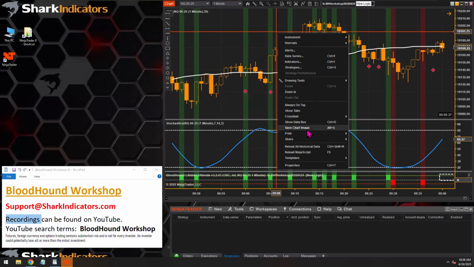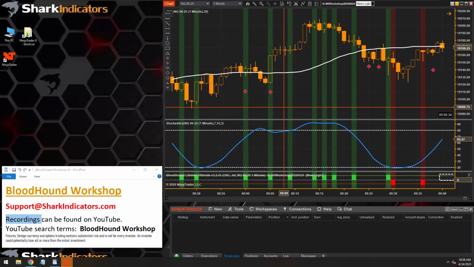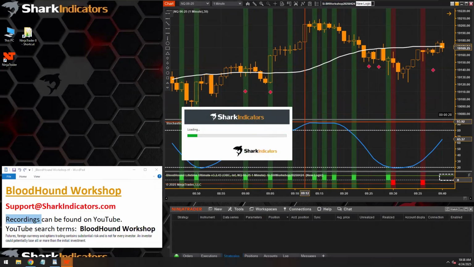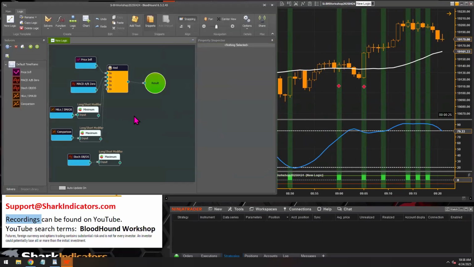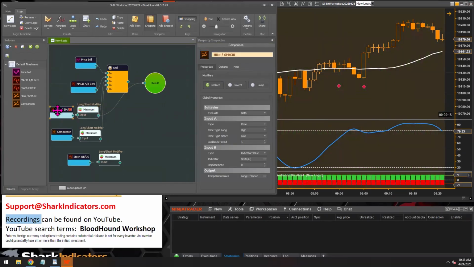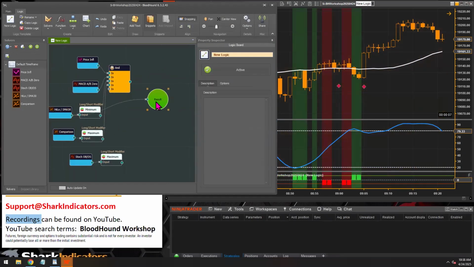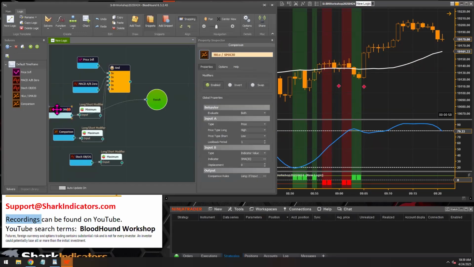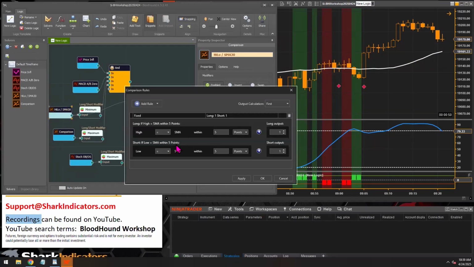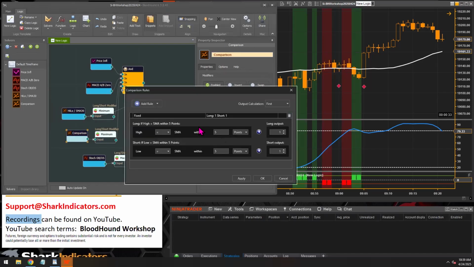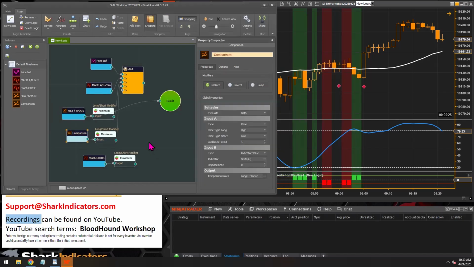All right, let me do another reload here. Well, let me just double check something here. Okay, it looks like I was accidentally editing this comparison solver by accident. So let me go fix this.